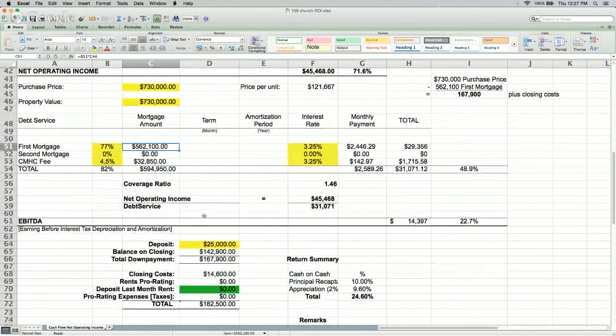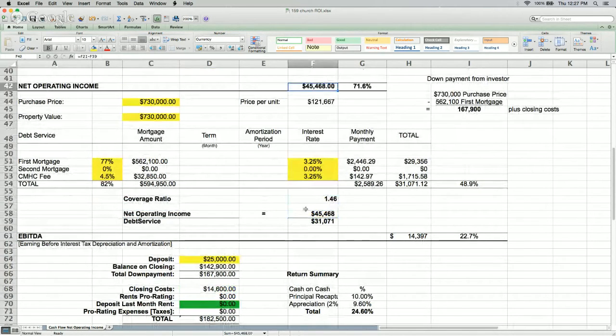Okay, so once we understand the debt service, we can take the net operating income, $45,468, and subtract the debt service, and we end up with $14,397 a year in earnings before interest, tax, depreciation, amortization, basically cash flow.